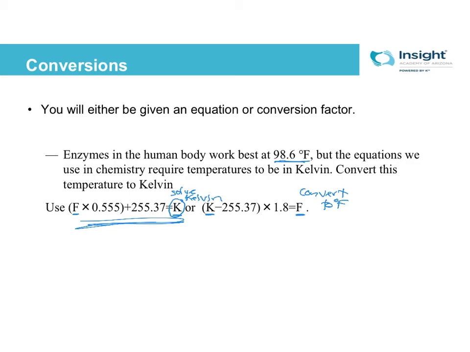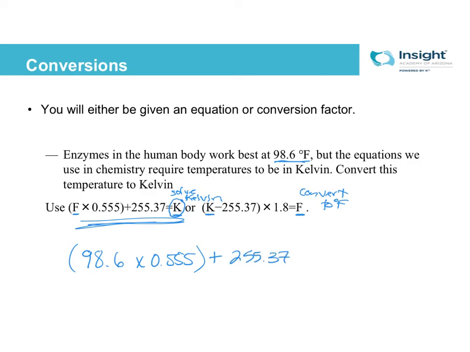So I'm going to take that 98.6, and I just wrote that wrong. 98.6, and I'm going to multiply it by 0.555, and then I'm going to add 255.37.